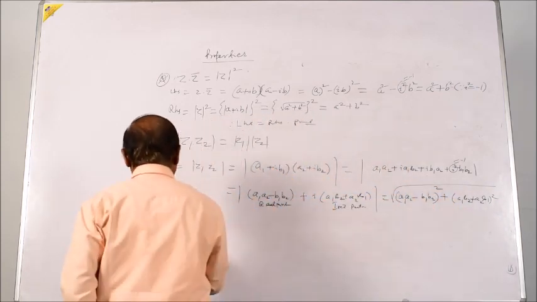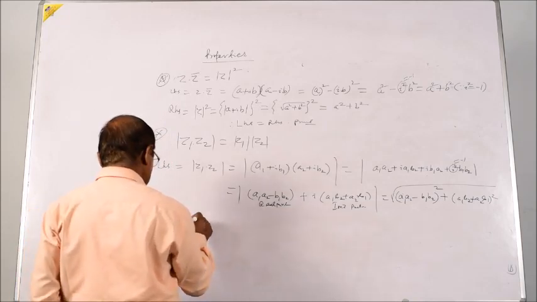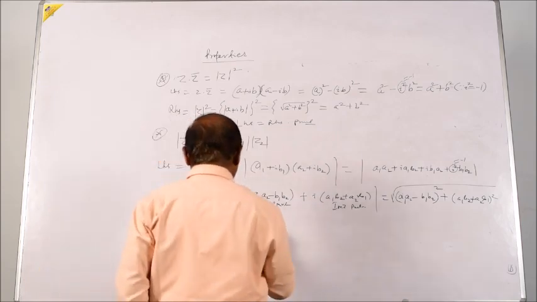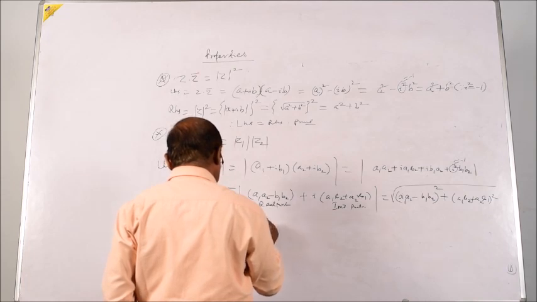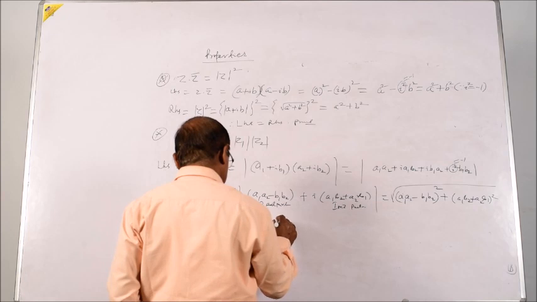Now, come to right hand side, that is mod z1 into mod z2. Mod z1 is mod of a1 plus ib1, into mod of a2 plus ib2.